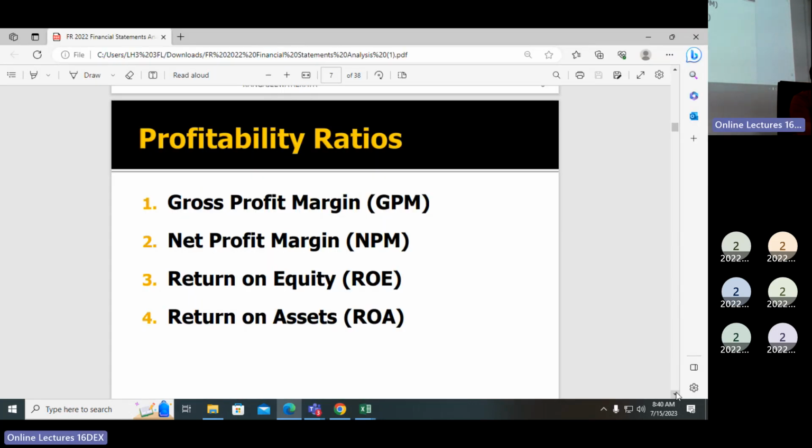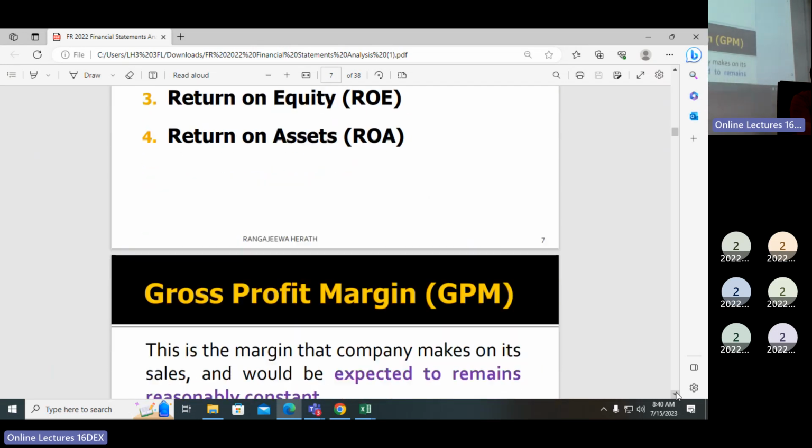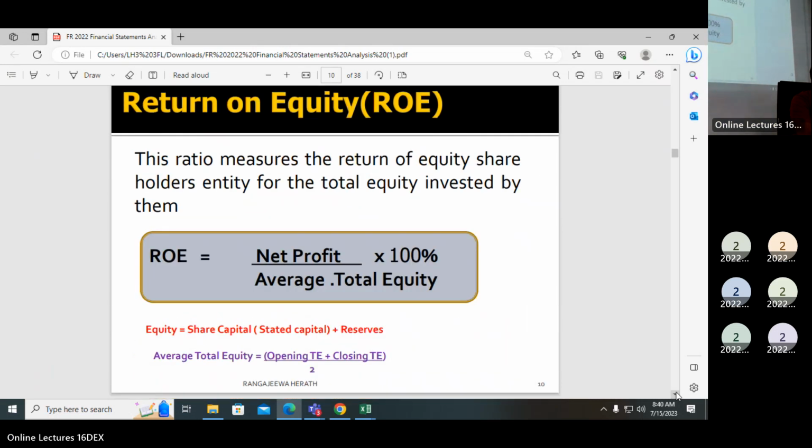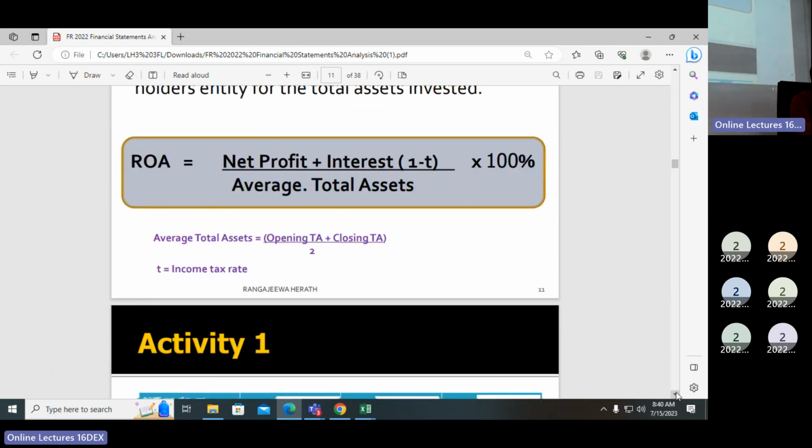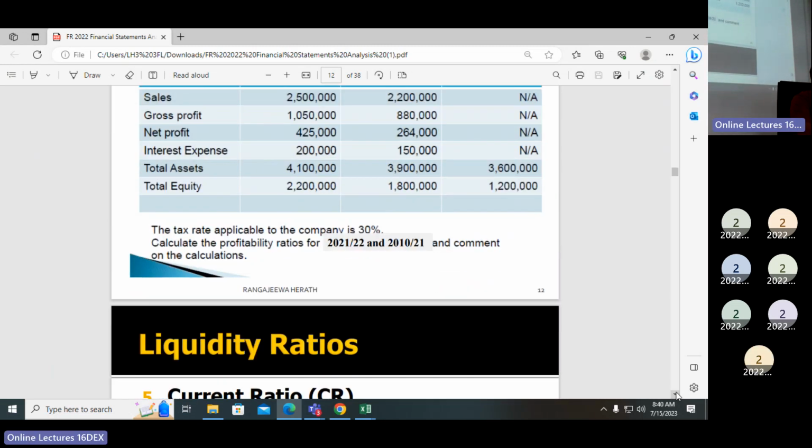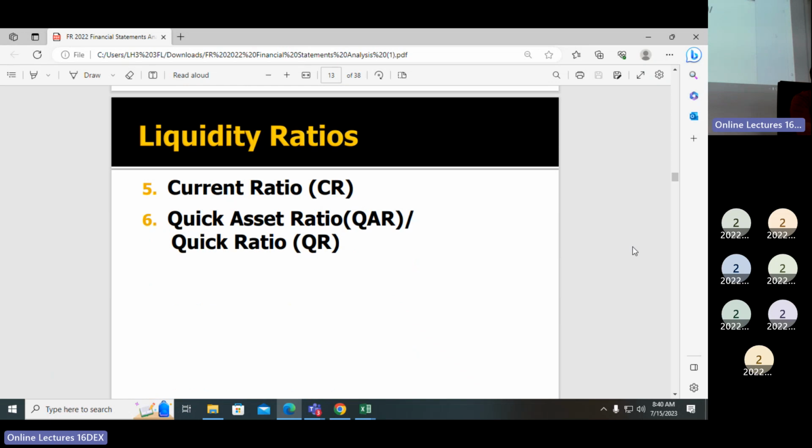Gross profit margin, net profit margin, return on equity, and return on asset. So today, after this activity, we are moving to the next ratio, liquidity ratio. Liquidity ratios measure the business's ability to settle short-term liabilities, current liabilities.